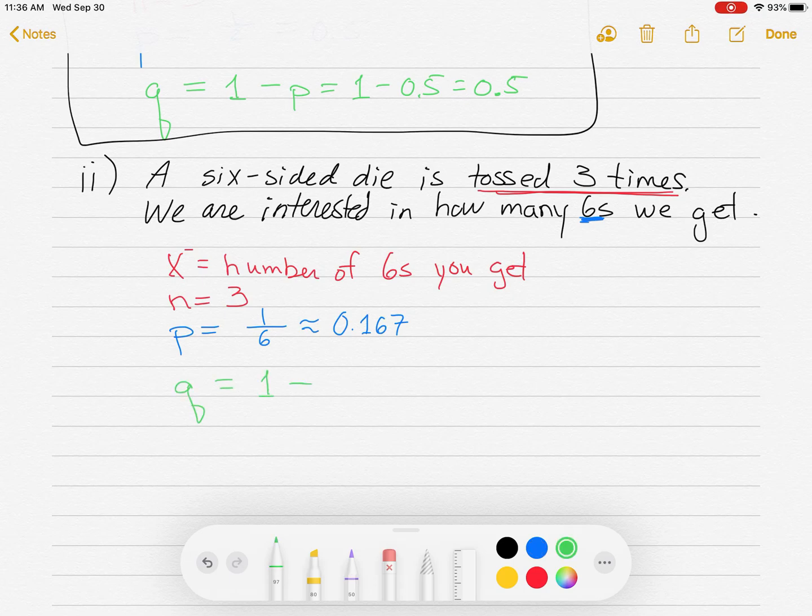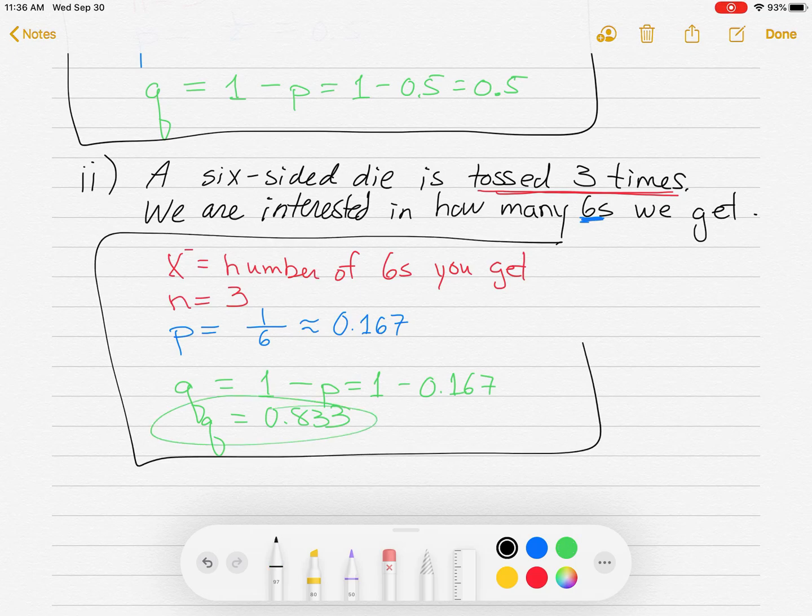Okay, I took it to 3 decimal places. So Q, then, that's the probability of failure. You take 1 minus P, 1 minus 0.167. So Q is going to be 0.833.